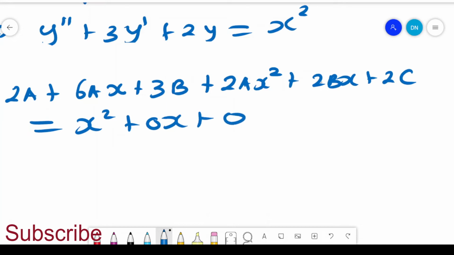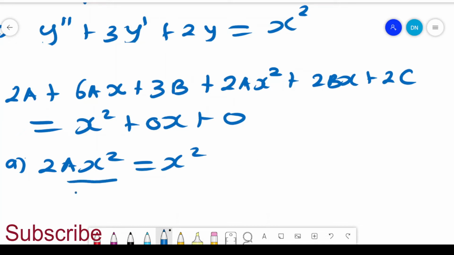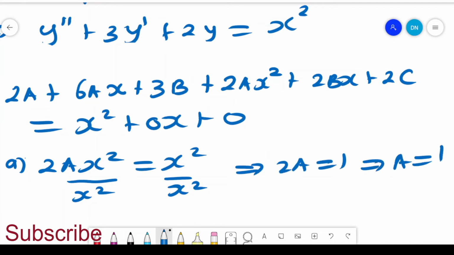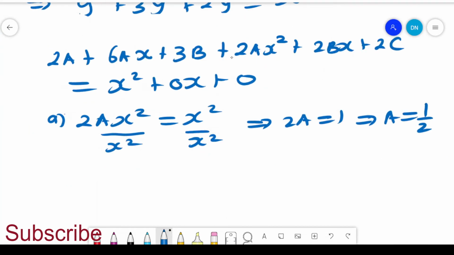Because this equation is made up of components with both x and x squared. So the first part of the equation is 2a x squared is equal to x squared. If I divide through by x squared, I'll be left with 2a is equal to 1, and that tells me that a is equal to 1 over 2.